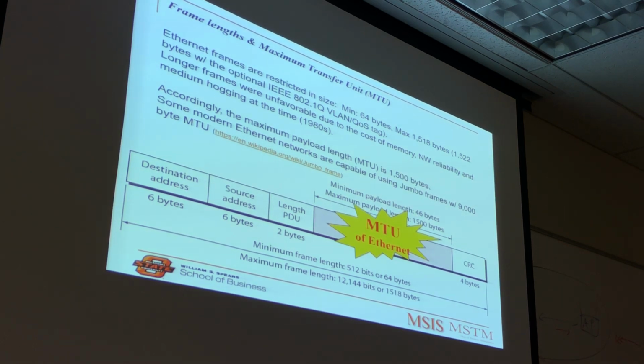This is also another very important term, MTU, maximum transmission unit. Maximum transmission unit refers to the largest size of your message that can fit in the cargo area of your frame. The frame is the one that actually goes back and forth on the medium, right?